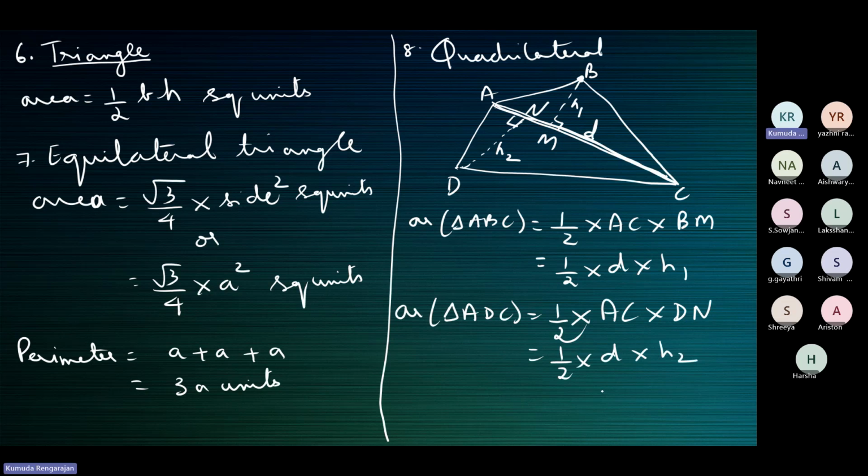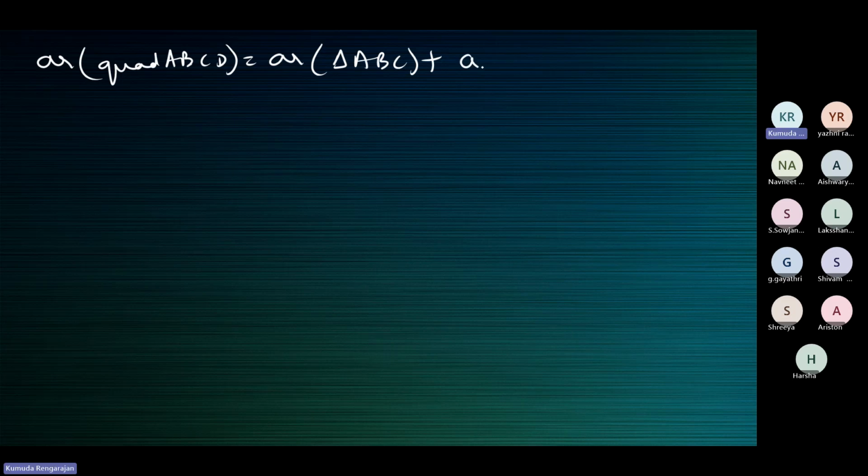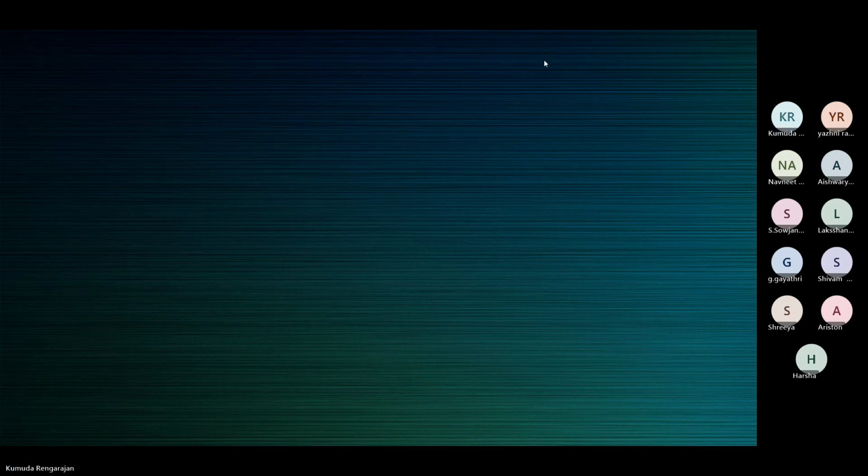Now area of the quadrilateral ABCD is equal to area of triangle ABC plus area of triangle ADC.